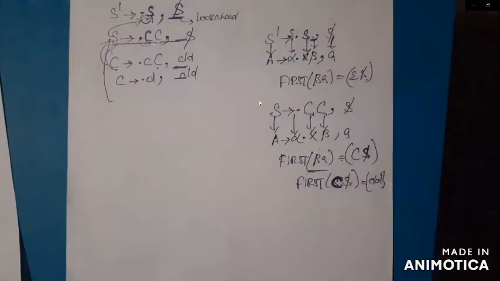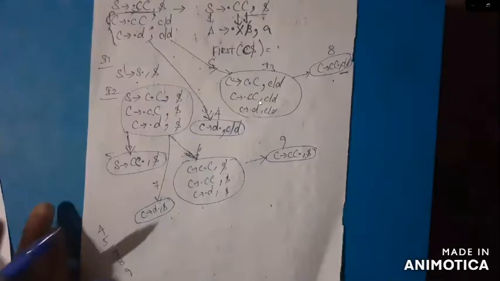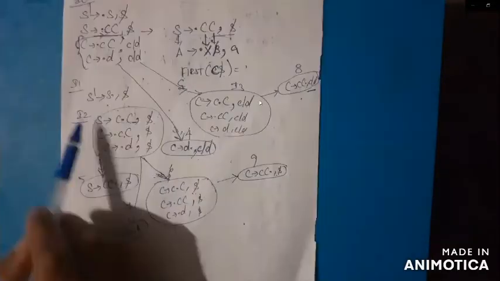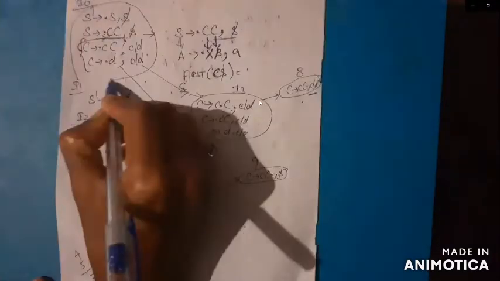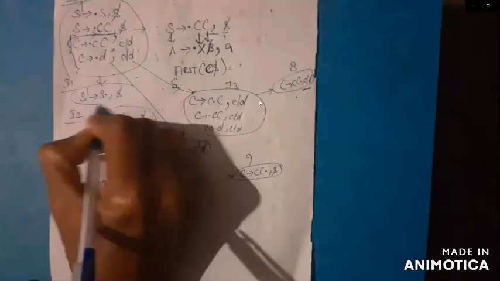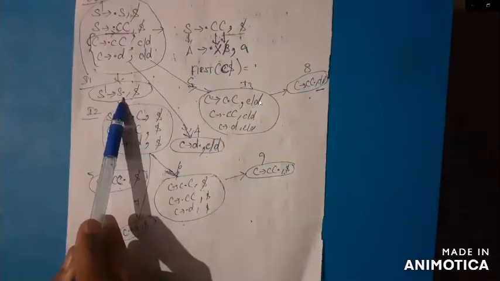So here check. I completed the given problem. So here this is for I naught. After I naught, you have to go for I1. I1: dot S can end with S dot dollar.